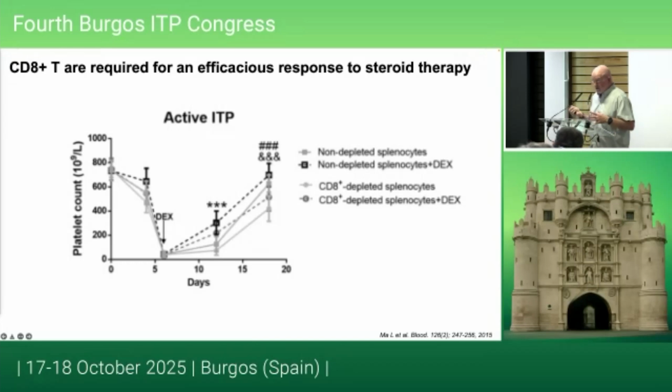So the question then becomes, how are these CD8 cells required for responses to a steroid like dexamethasone? They're actively doing work in this model to try and understand that. So that's one way that we can look at refractoriness in this model.